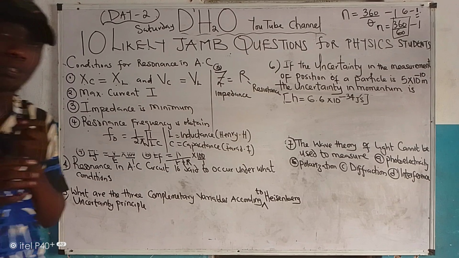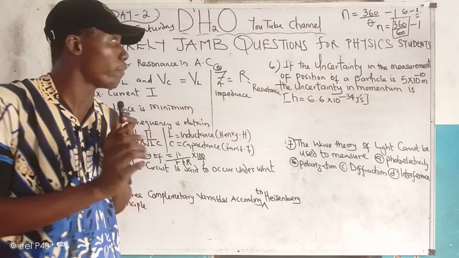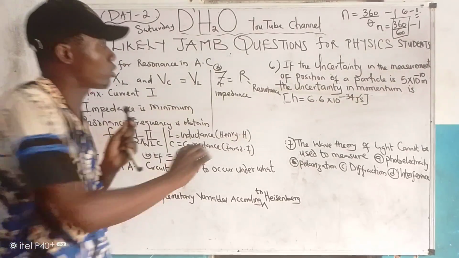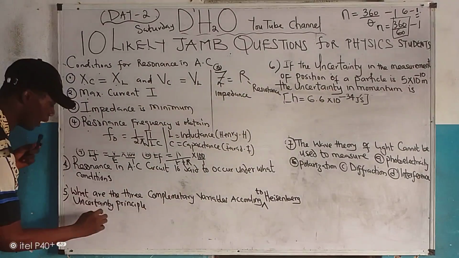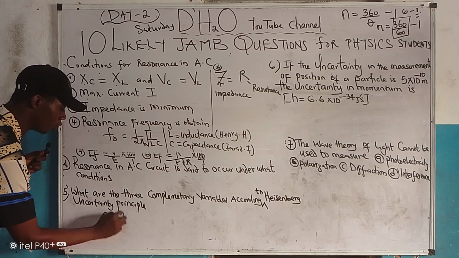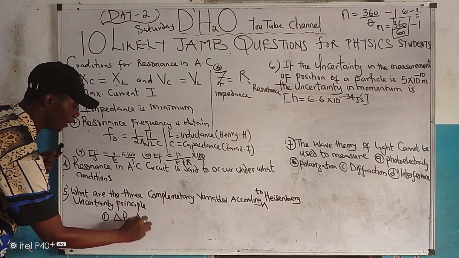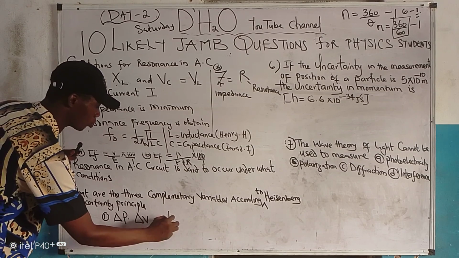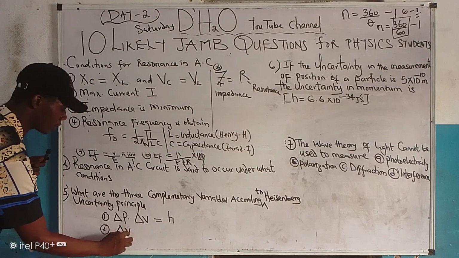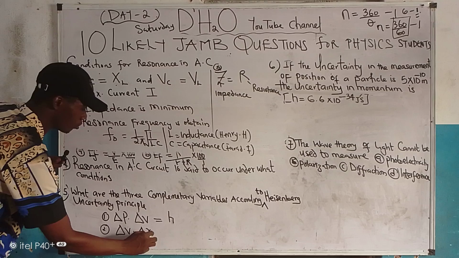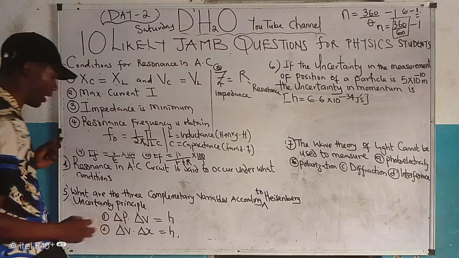I am going to give you these complementary variables alongside a formula that will enable us to demystify question number 6. Now, what are the variables? Number 1, change in momentum times change in velocity is equal to your Planck constant. Number 2, change in velocity times change in position is equal to your Planck constant.